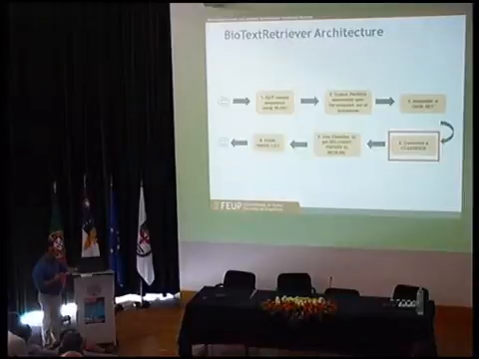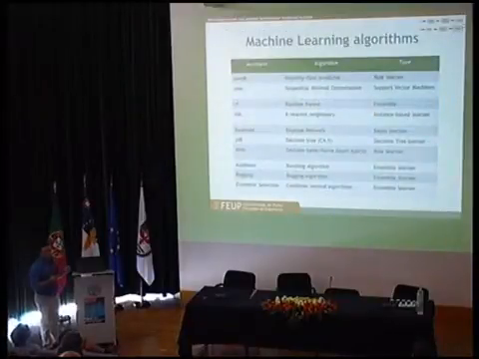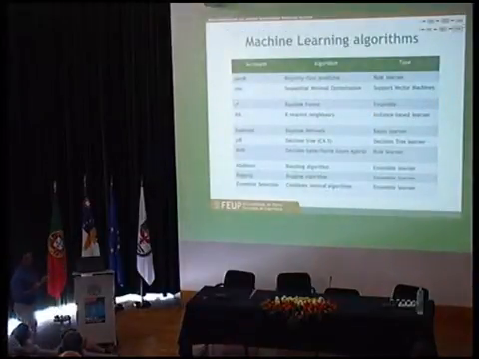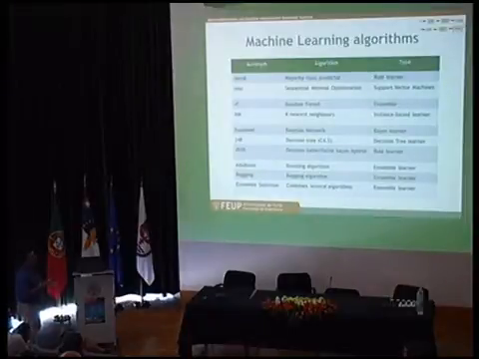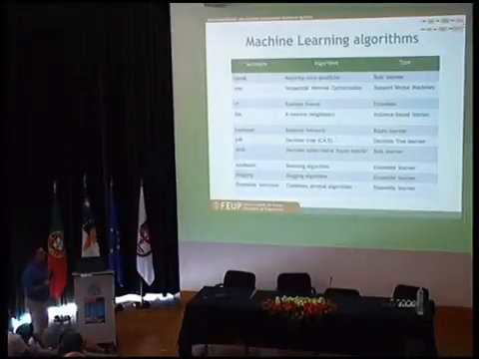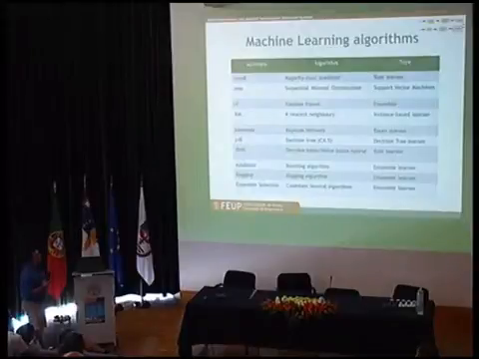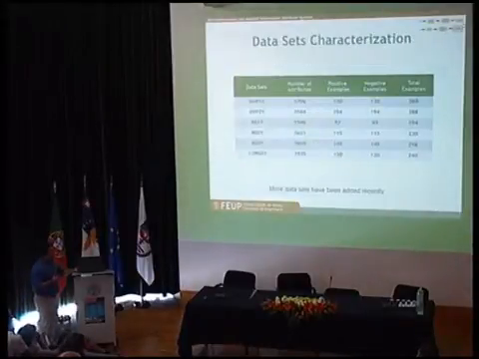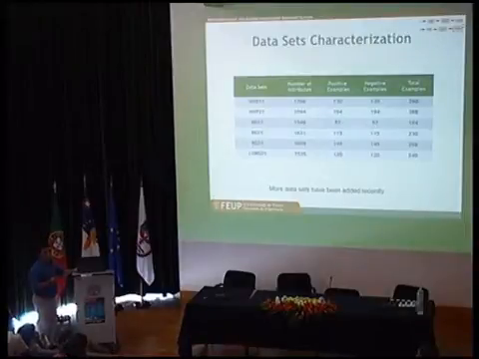Now, which machine learning algorithm should we use to construct that model, and how should we use it? We tried several possible combinations of uses of algorithms. These are the algorithms from WEKA that we have used, and these are the data sets where we tested these different hypotheses.